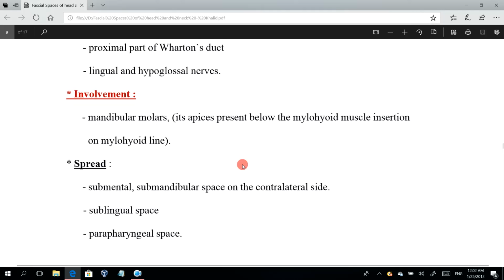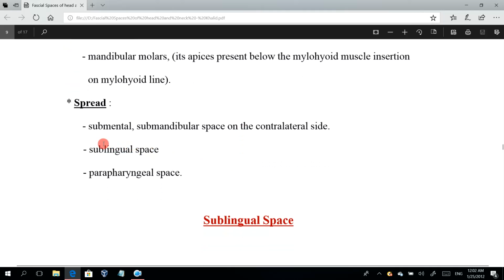Can infection spread from this space to other spaces? Yes. The spread can be to the submental and submandibular space on the contralateral side, in the other direction. Say the right submandibular space is infected and contains swelling, cellulitis and inflammatory fluid.